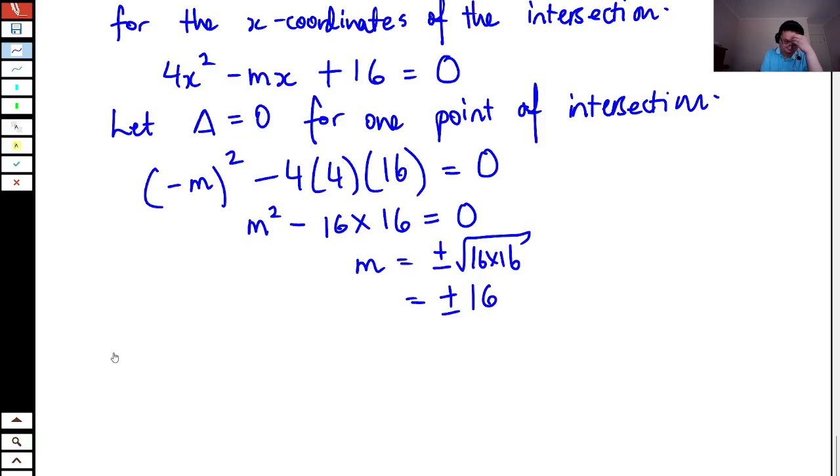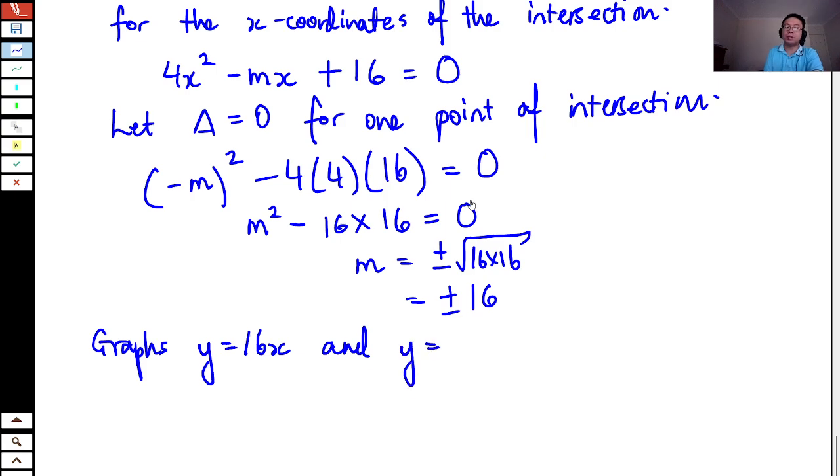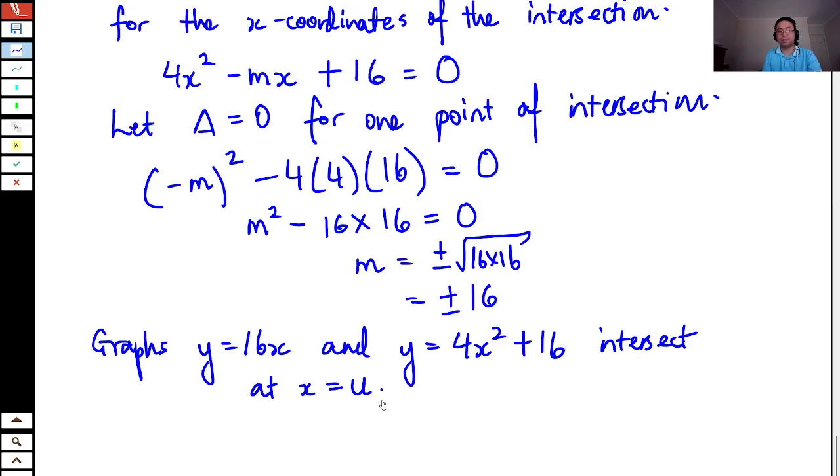I have the graphs y equals 16x and y equals 4x squared plus 16 intersecting at x equals u.